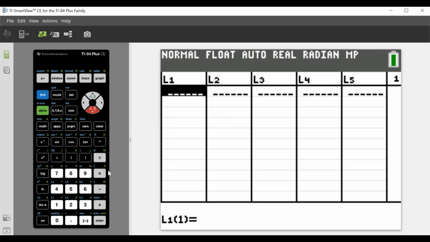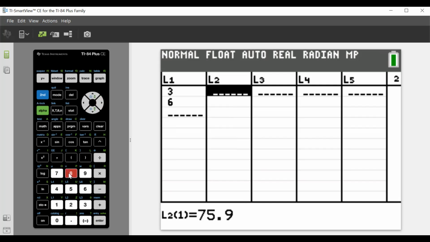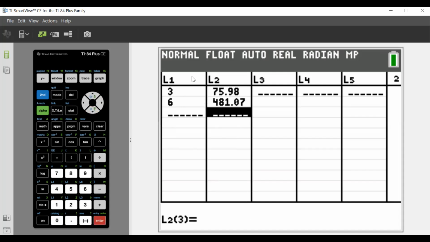Now, our points, what were they? Well, they were 3 and 6 for the x's, and y was 75.98, and then the second one was 481.07. All right, so now we have our input for x's and y's.